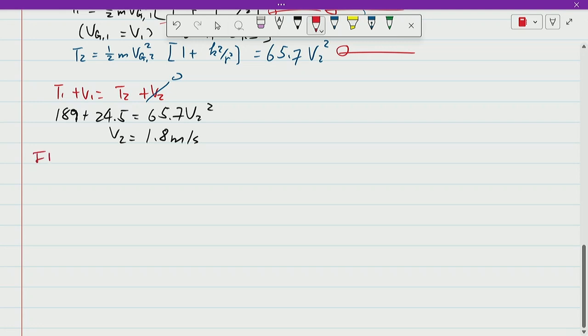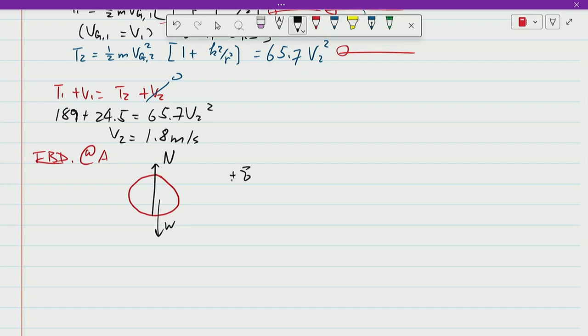So if we draw our FBD at point A, you're going to have the normal reaction N and also the weight. Now there's technically probably friction in a horizontal direction, but we don't care, because we just want to resolve it in the normal direction.